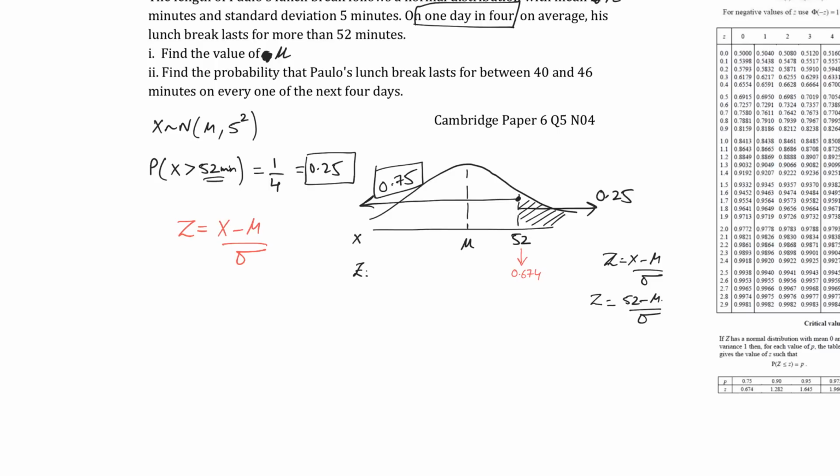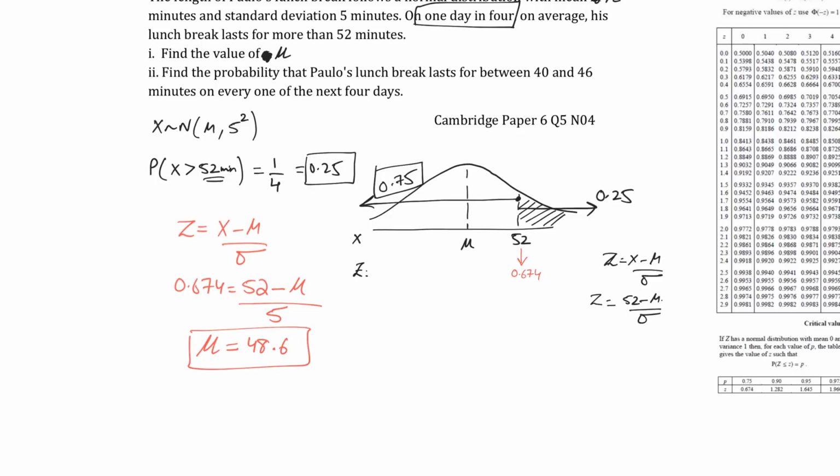The z value comes out to be 0.674. The value of x was 52. The mu is unknown and sigma is given in the question as 5. So you can cross multiply and solve for mu and you get roughly 48.6. This is how you can find the unknown value of mu.